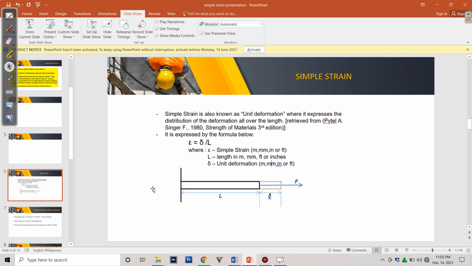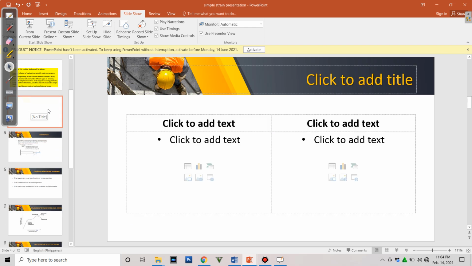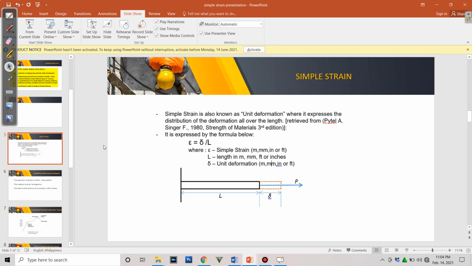So for the simple strain, as in chapter 1, we have introduced the concept of stress as a fundamental engineering calculation. Here we have another useful analysis which determines the deformation or strain that is experienced in structural members or assemblies.